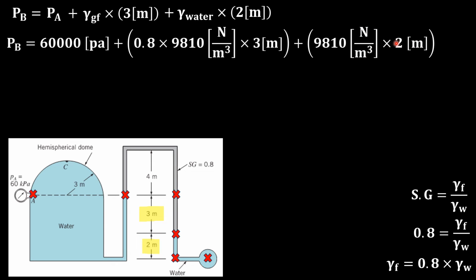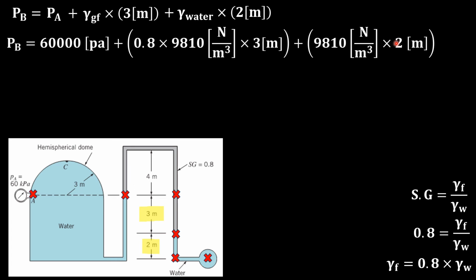All right, so let's find out what this one here is. So 60,000 plus 0.8 times 9,810 times 3 plus 9,810 times 2.